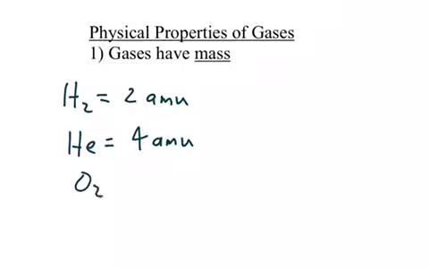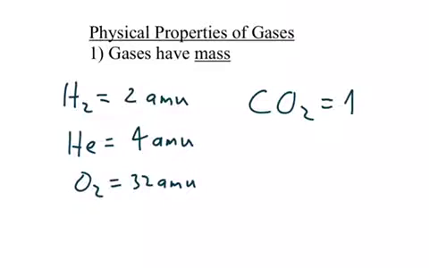We saw how oxygen is about 32 AMU. Okay, that one's also diatomic. Maybe it's carbon dioxide. Carbon dioxide is a heavier gas. That one is about 44.01 AMU. So that one's a little heavier. So gases do have mass.